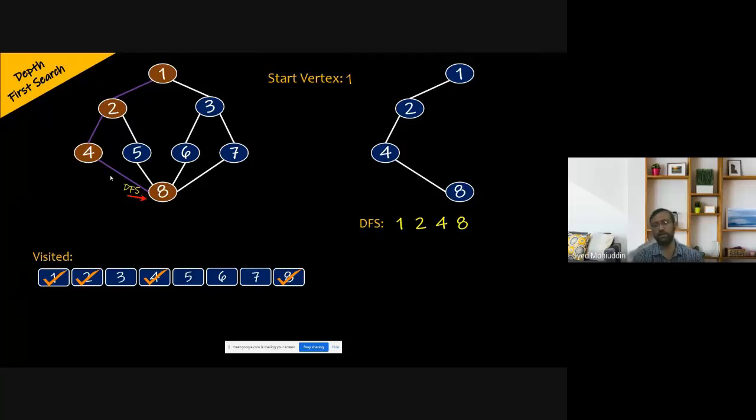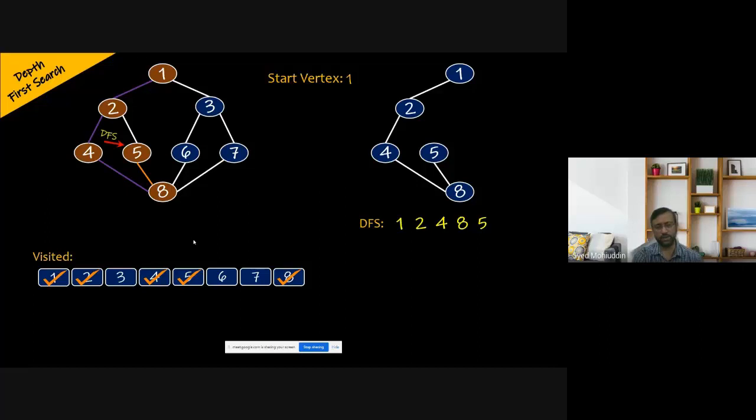Now from 8 we have to pick an adjacent vertex. It has vertex 4, but vertex 4 is already visited because it's marked in the visited array. So we cannot pick vertex 4. Then we will pick vertex 5. Vertex 5 is not visited yet, so we visit it and mark it as visited. From vertex 5, the adjacent vertex is vertex 2.